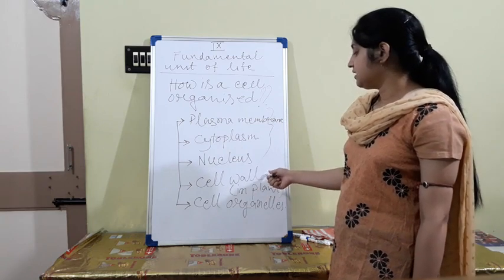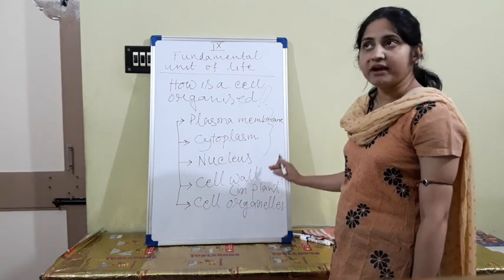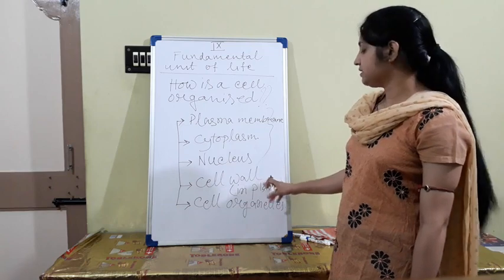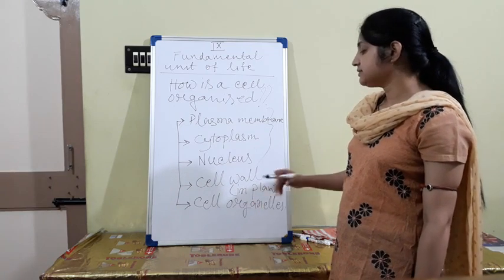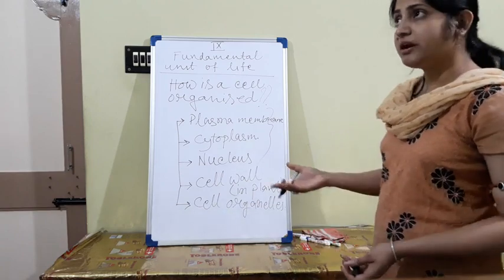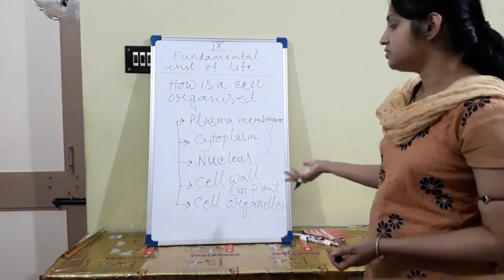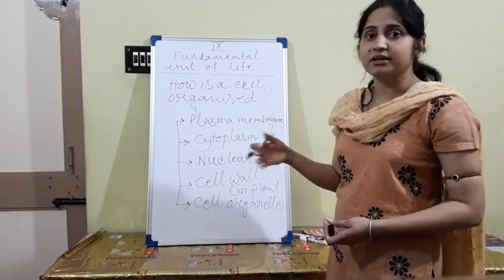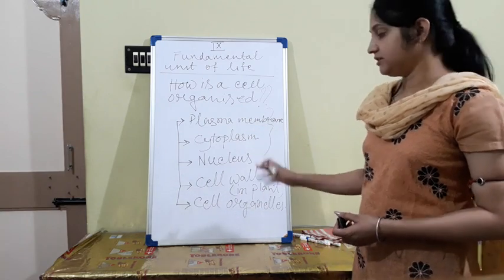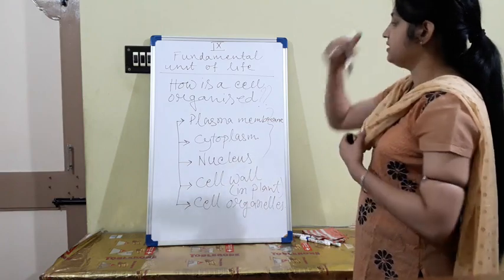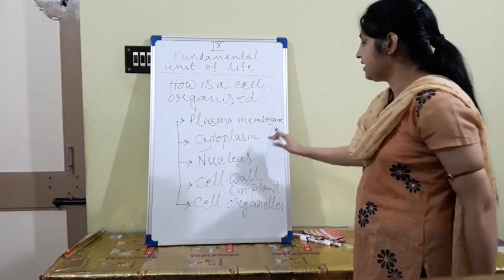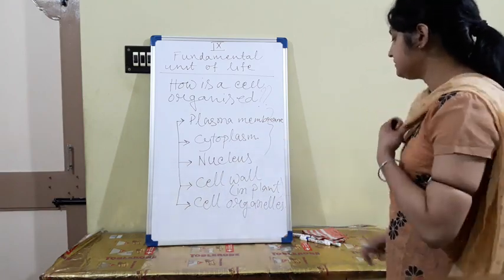And another one, cell wall, which is present only in some bacterial cells, also primitive types of cells, and you can find it inside plant cells. And cell organelles, the components like mitochondria, Golgi body, lysosome, anything that helps the cell perform its functions, are called cell organelles, okay? So this is the structure of the cell: plasma membrane, cytoplasm, nucleus, cell wall and cell organelles.